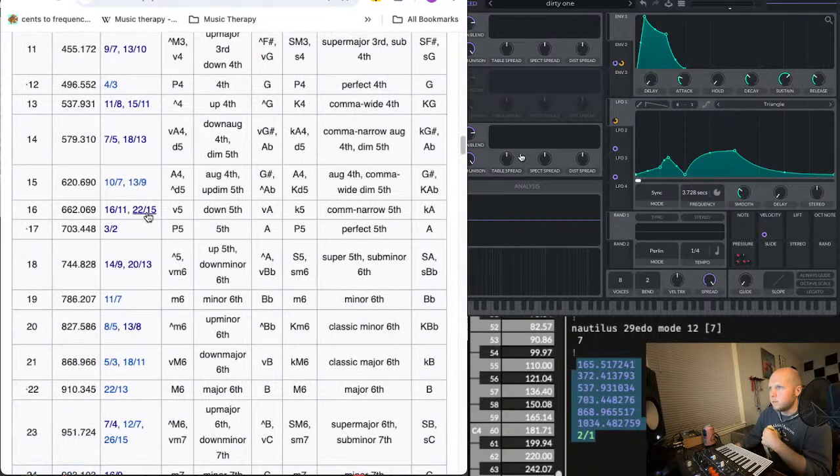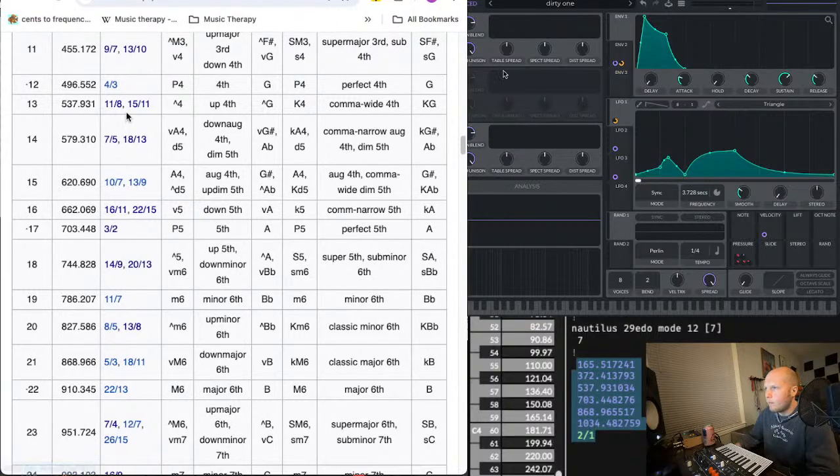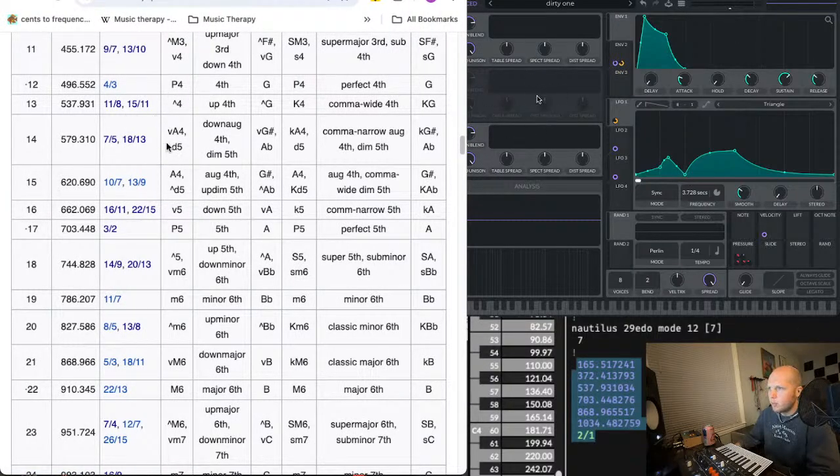Oh, 2250. That makes sense. Just double the one. I don't know why that wasn't obvious to me. Just double the lower one. Put it on top. That's how you find the inversion of any interval in JI.